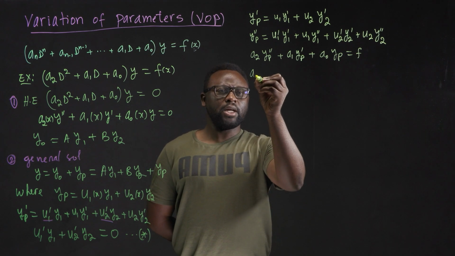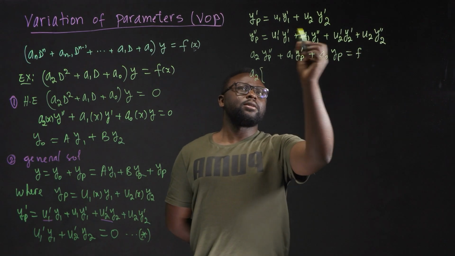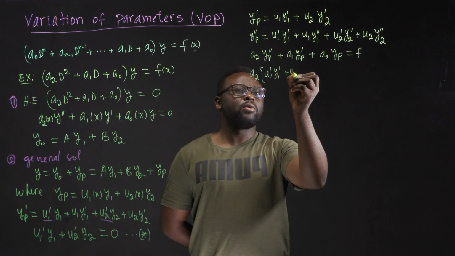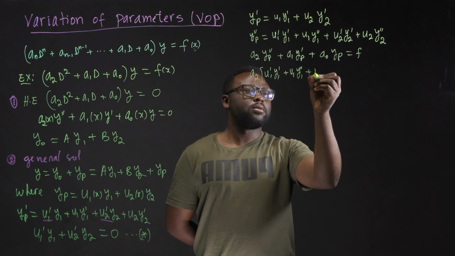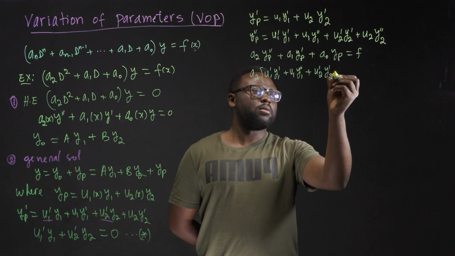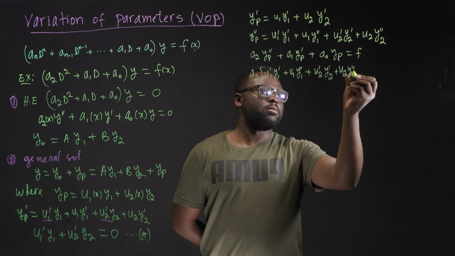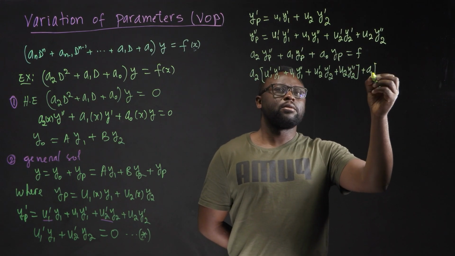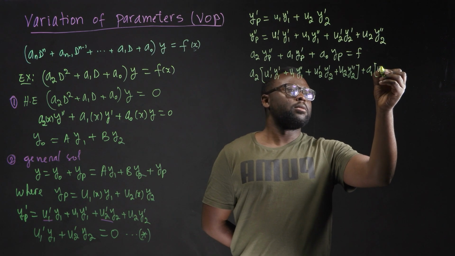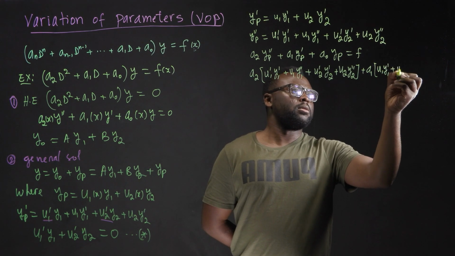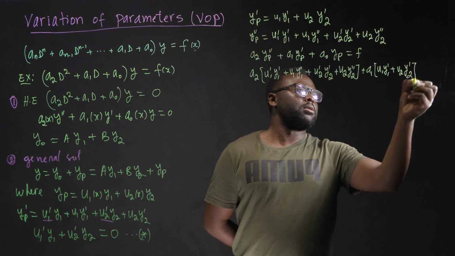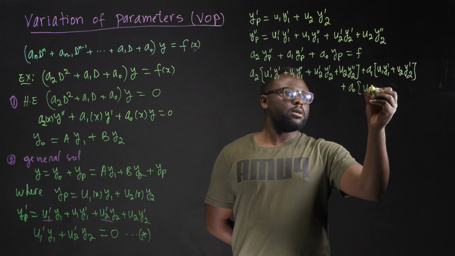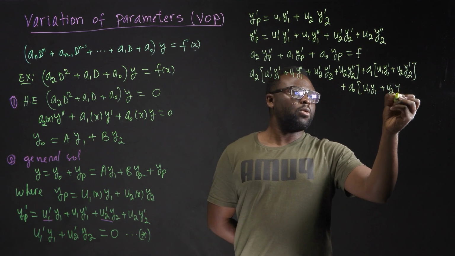So this is a2 bracket. We write this whole term. This is u1 prime y1 prime plus u1 y1 second derivative, and so on, for the first derivative we have a1, and for the last term we have a0 (u1 y1 plus u2 y2).